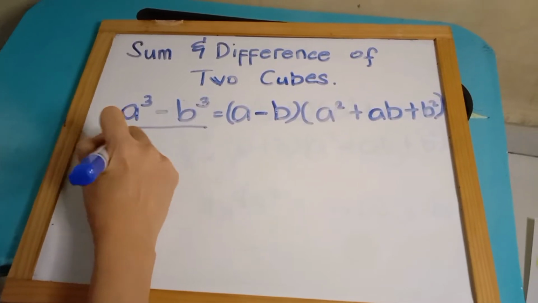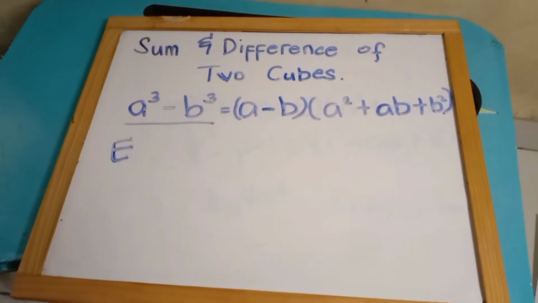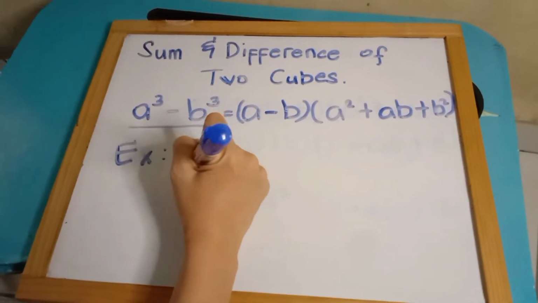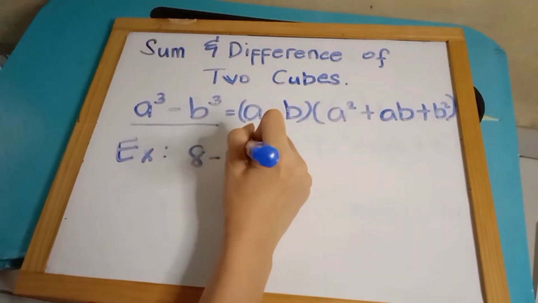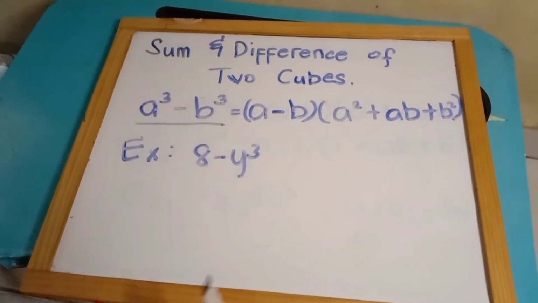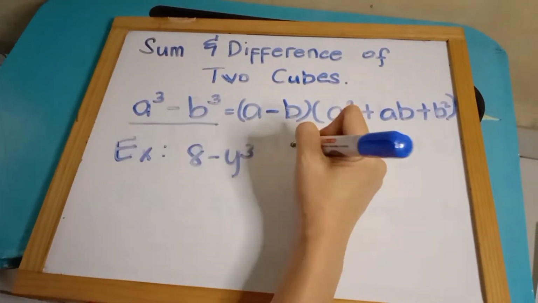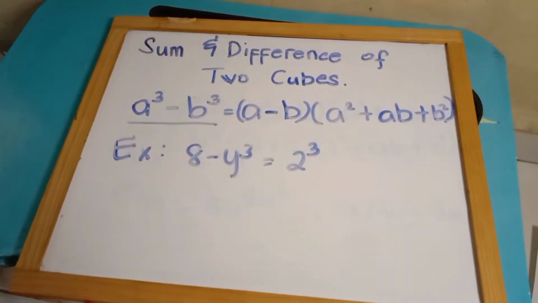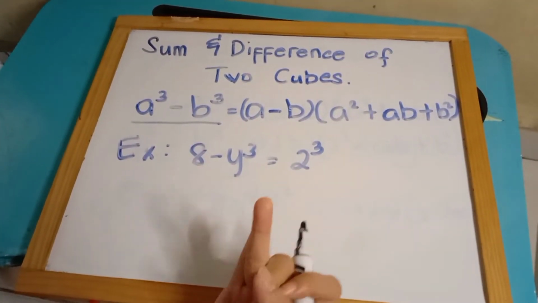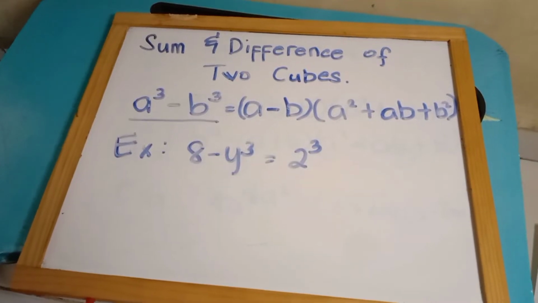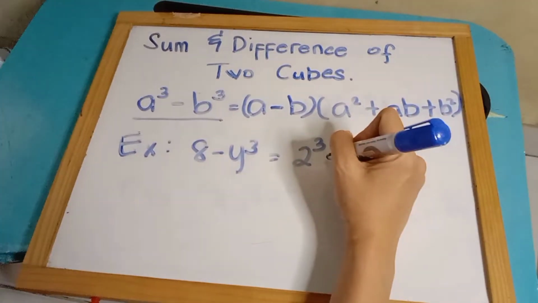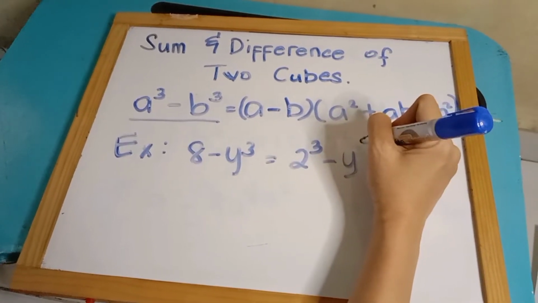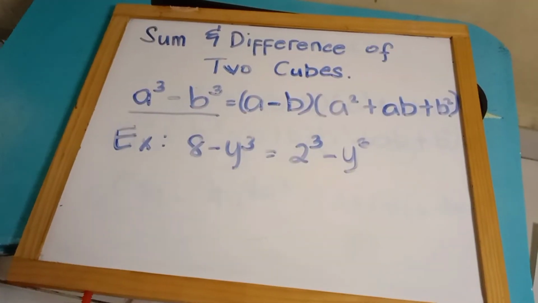Alright, so let's have an example. For example, we have a given binomial here, 8 minus y cubed. Okay, so 8 can be written as 2 cubed, right? So 2 times 2 times 2 is equal to 8. And then just copy the second term, which is y cubed.